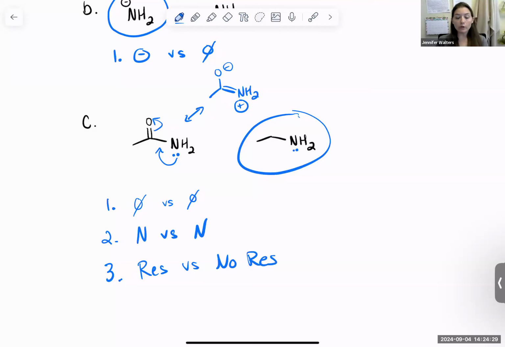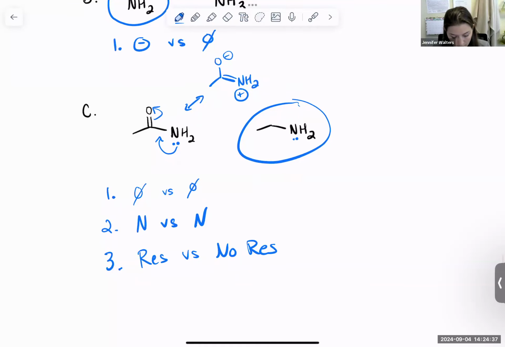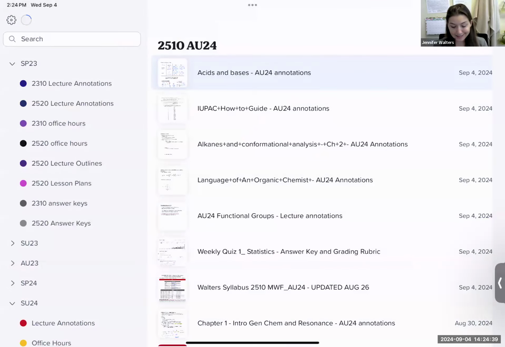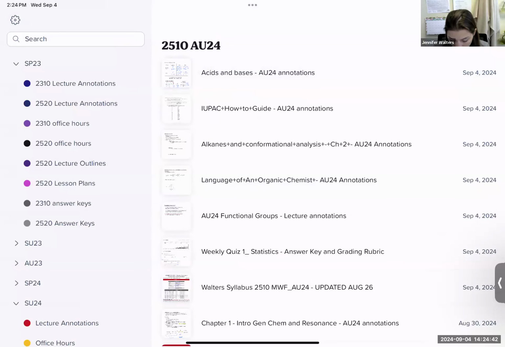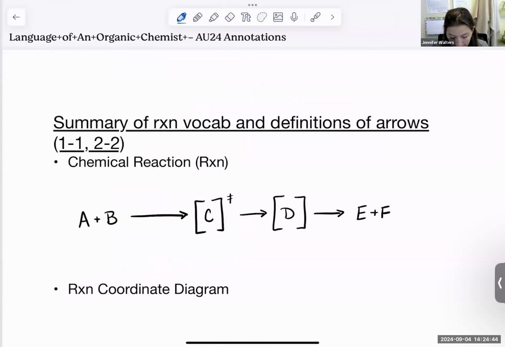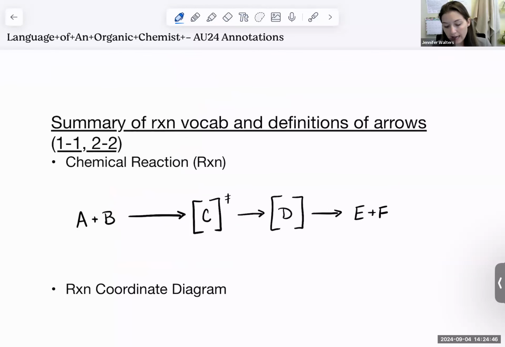And we want the one with no resonance for the base. More resonance, stronger acid, no resonance, stronger base. All right, that concludes our acid-base discussion. So let's move on to the language of an organic chemist and our reaction vocab.